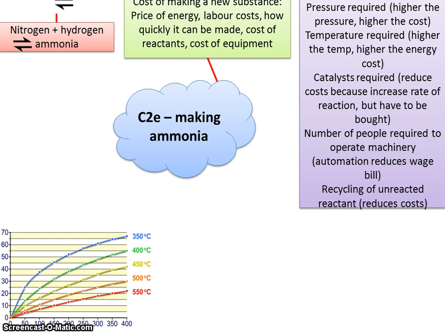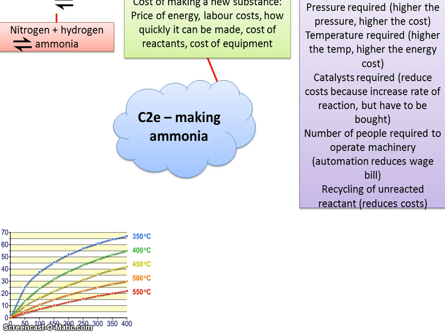Also, when it comes to the Haber process, you actually need to have a high pressure, usually around 200 atmospheres. Now, obviously, the more pressure you create in the reactor, the higher the cost. Also, the temperature.